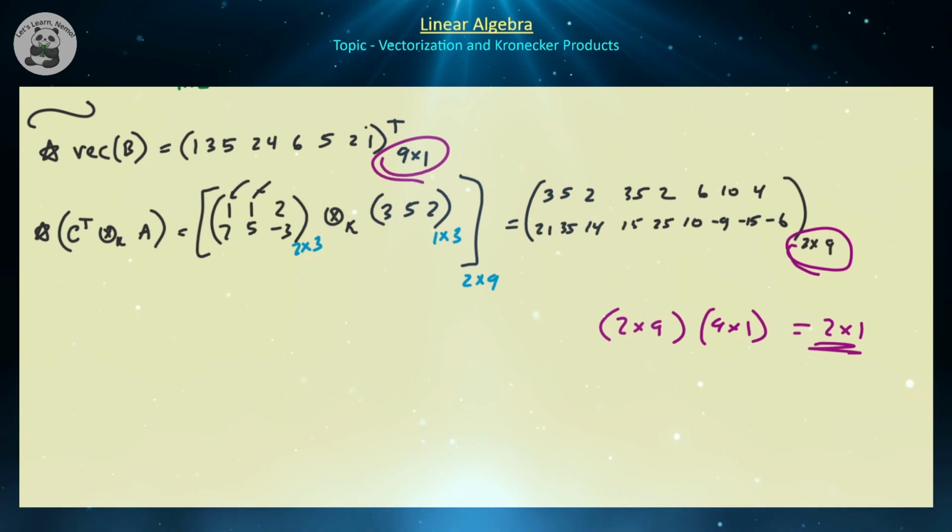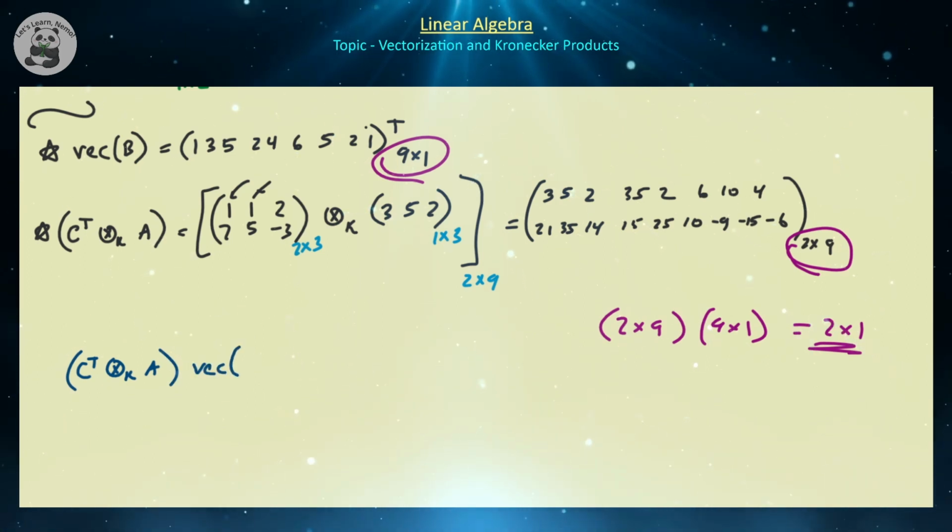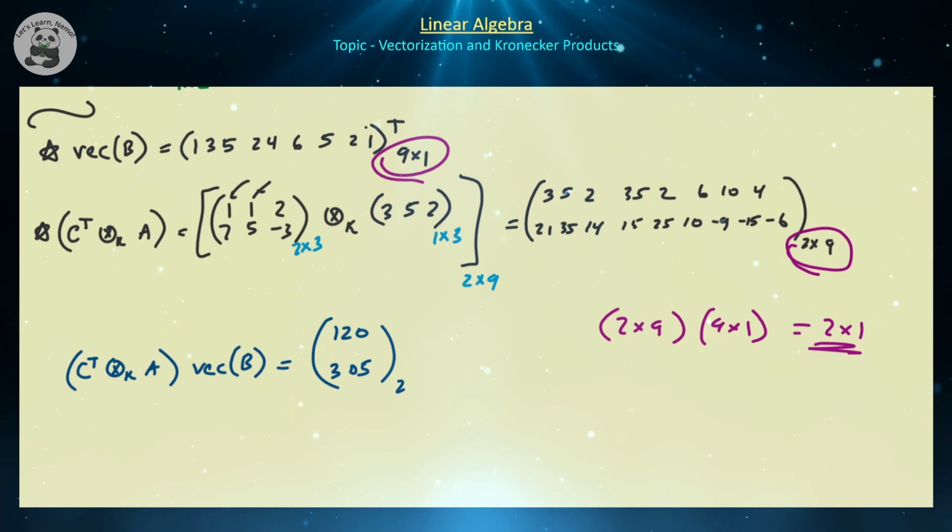If we do that, this is a quite tedious but not hard calculation. That's going to come out to some matrix. Take a guess at what it is. So it will come out to 12305, which is a 2 by 1.